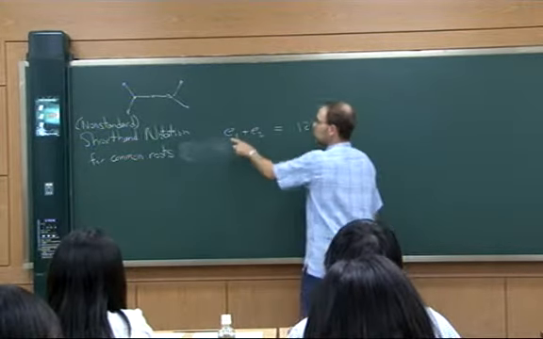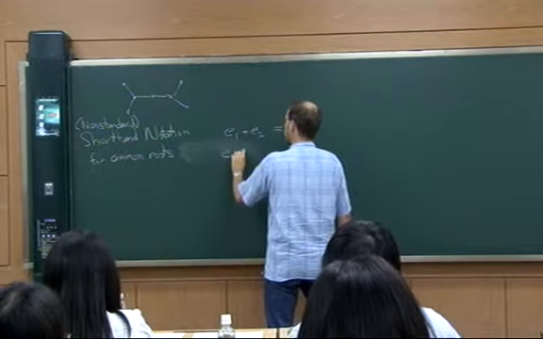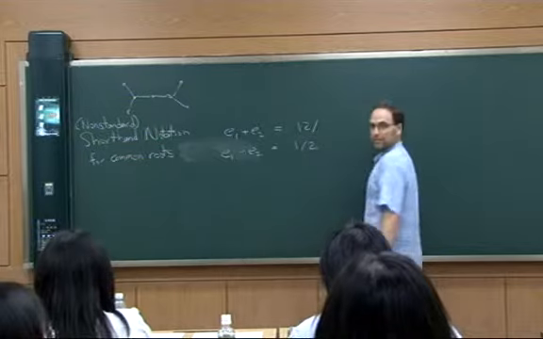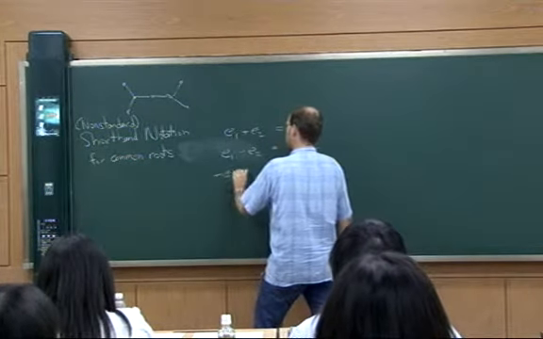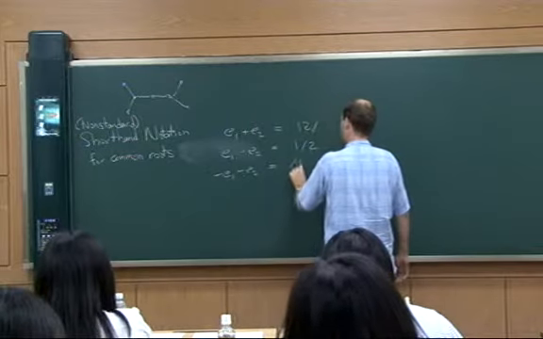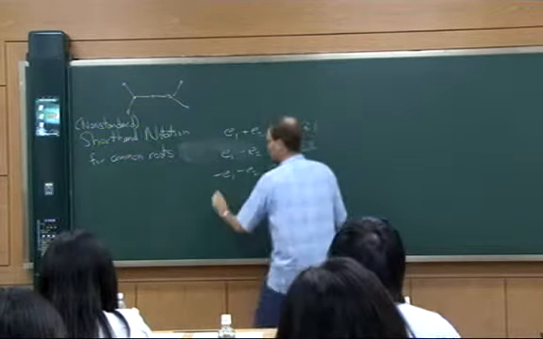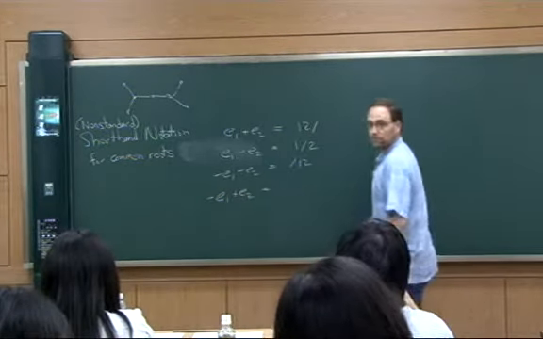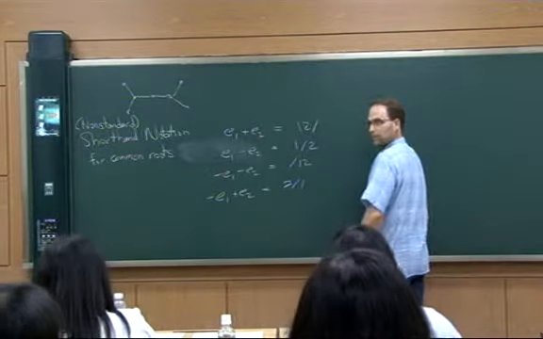The 1 and the 2 refer to which vectors we have. And I'll tell you what the slash means in just a second, but hopefully you can actually figure it out. E1 minus E2 is this. Minus E1 minus E2 is that. And then minus E1 plus E2 is 2/1.